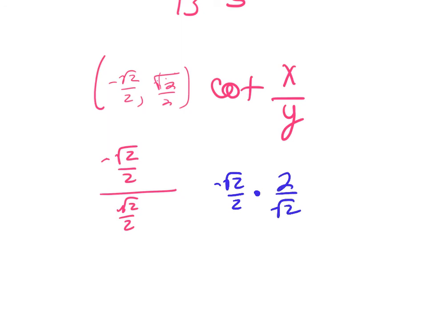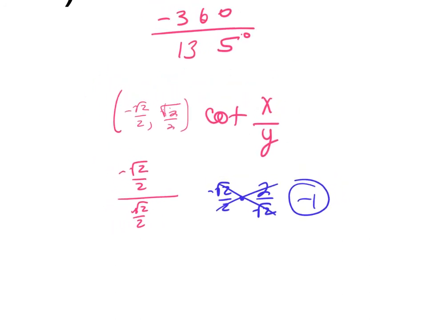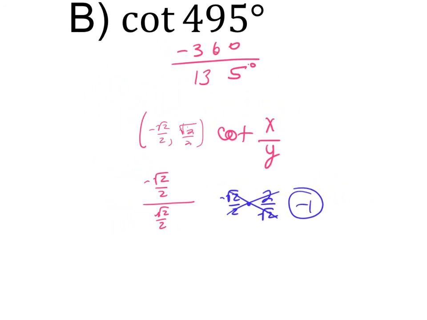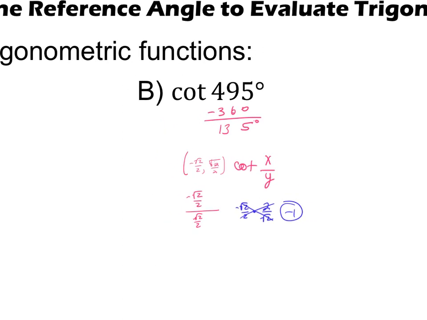What happens to my 2's? They cancel out. What is it, Ryan? Negative 1. Perfect. Yeah, because it's the same thing divided by itself. We're going to practice this a lot, but you guys have got to get those trig ratios memorized.